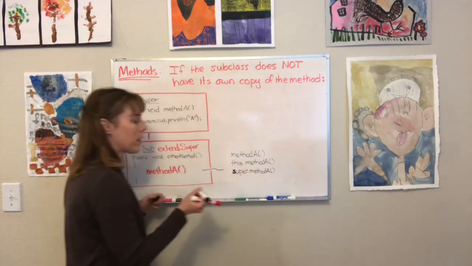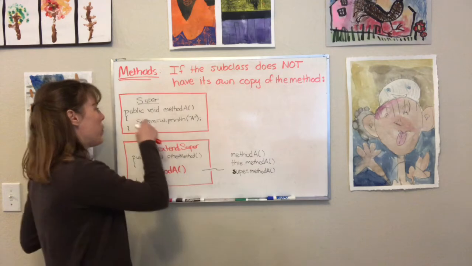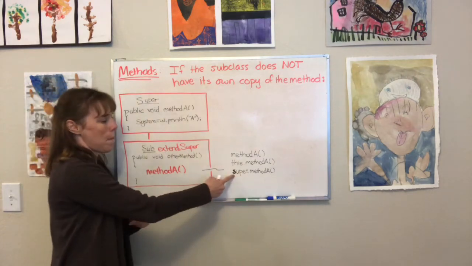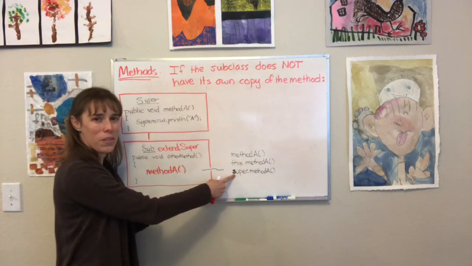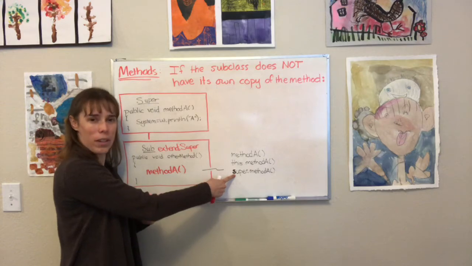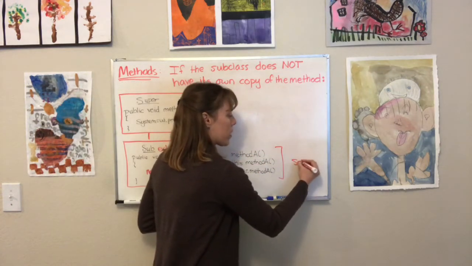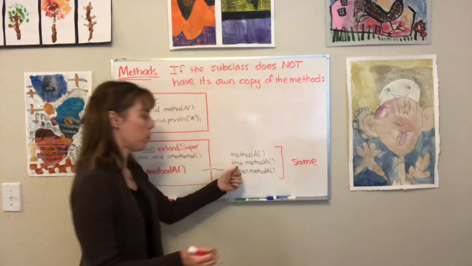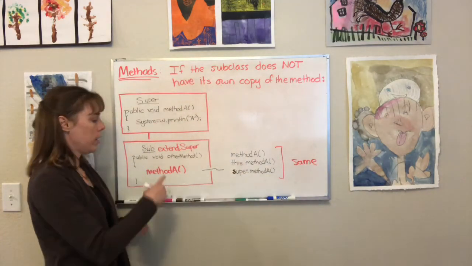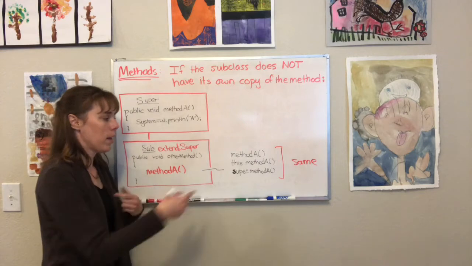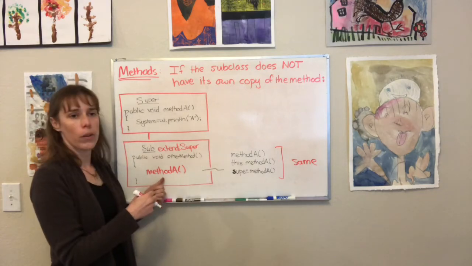You can access this guy's methods by using a lowercase super. This is kind of strange, but I'm going to explain it next. Just note that all of these are exactly the same. It's optional to put this or super in front. Just calling method A any of these ways is going to work, okay?